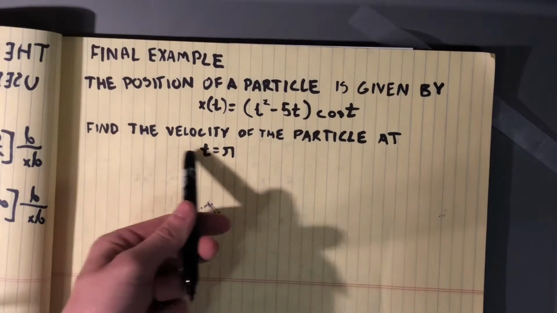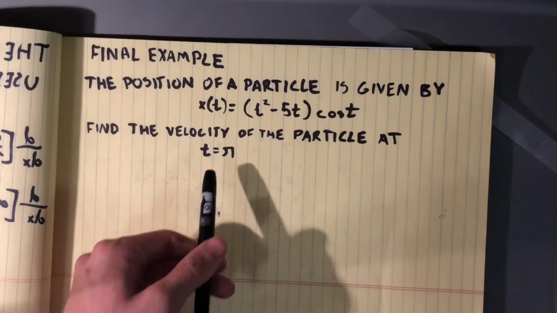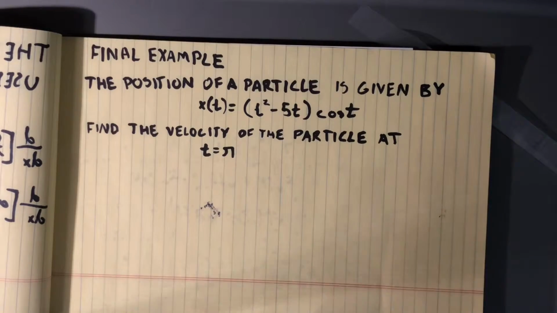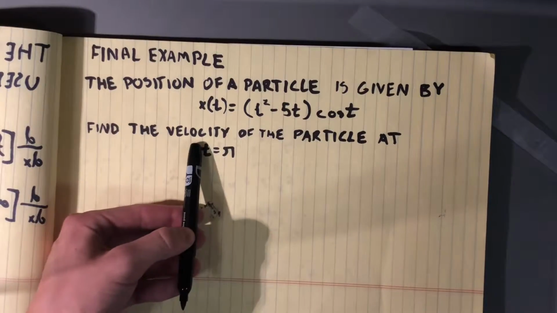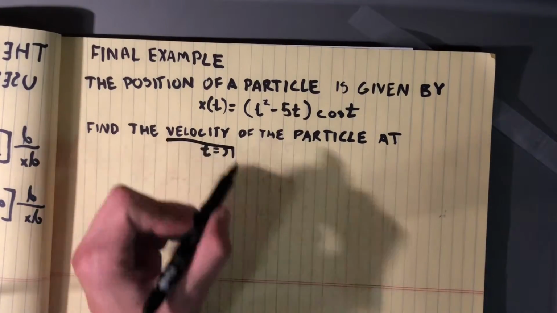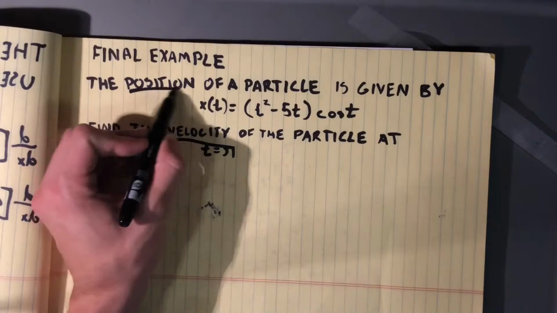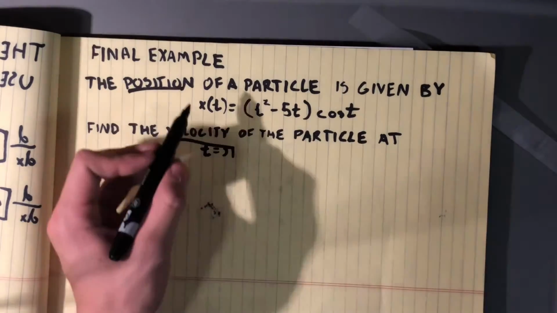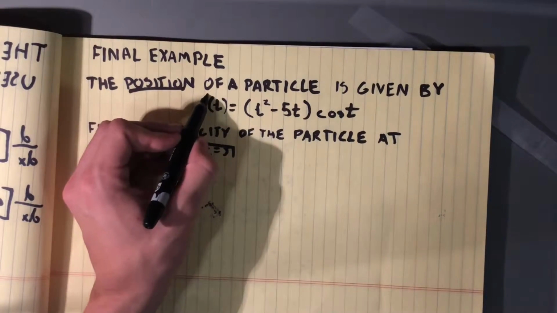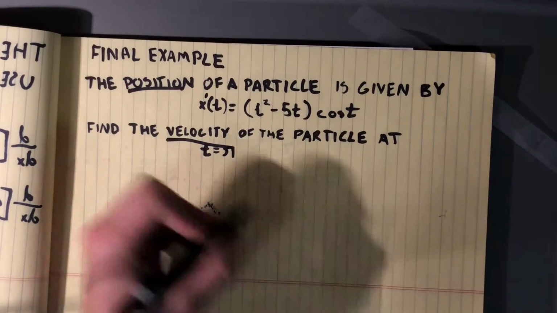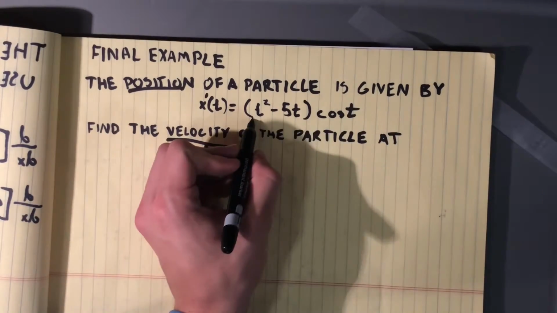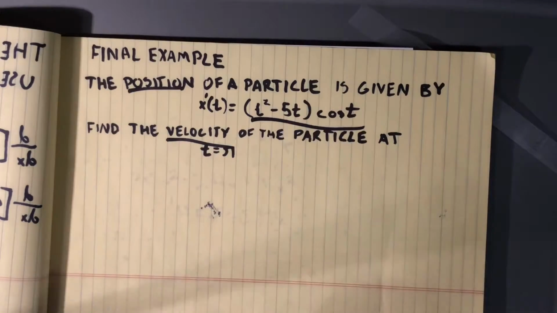And we need to find the velocity of the particle at t equals pi. So we know that velocity is the derivative of position. Therefore, we just need to find x prime of t. So that means we need to find the derivative of that right there.